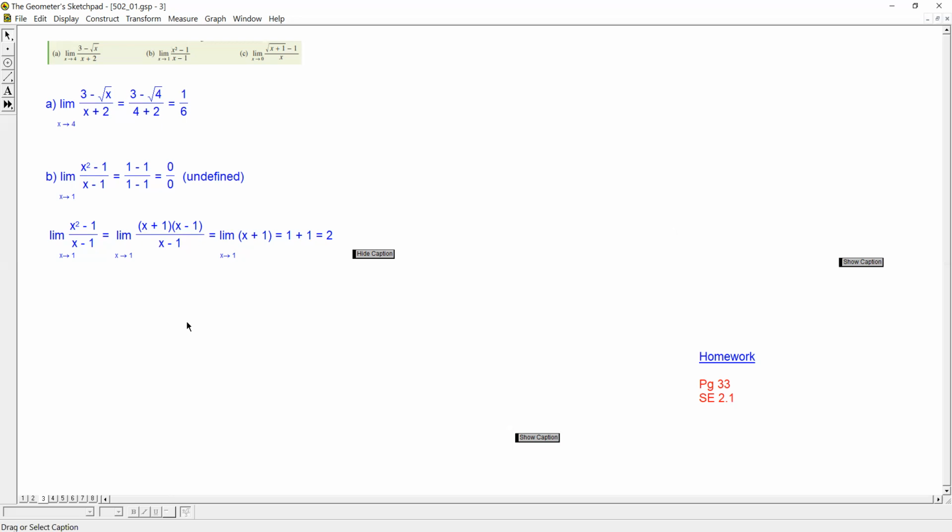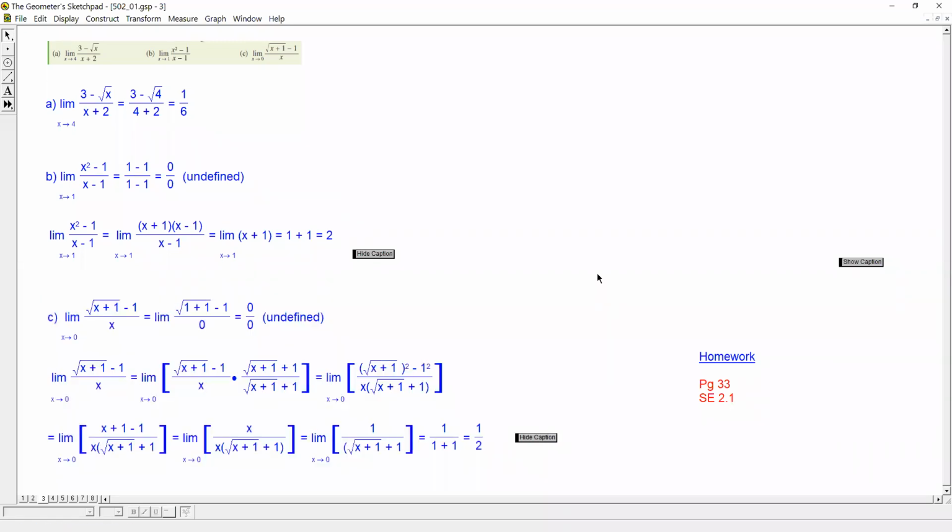Okay, so this is the first method, factorization. Of course, before the first method, you try to substitute directly first. Right? Substitute directly cannot, then you try the first method. So first method can, right? We're going to look at question C. Now question C is like this. Square root of x plus 1, minus 1, divided by x. x approaches 0.